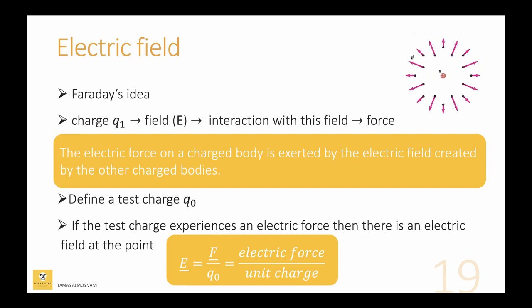F is a vector quantity, so when you divide it by a scalar, it still will be a vector. It's good because the electric field is a vector field. If you look at the units, that's going to be the units of the force divided by the units of the charge, so that's Newton per Coulomb.